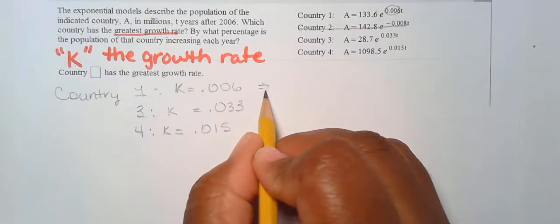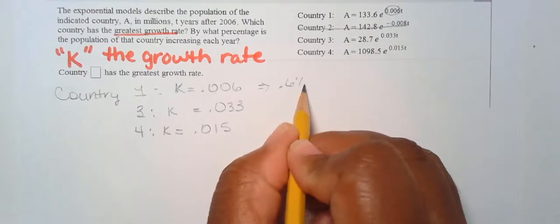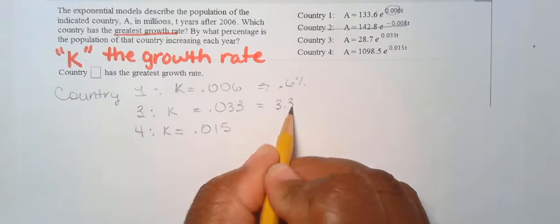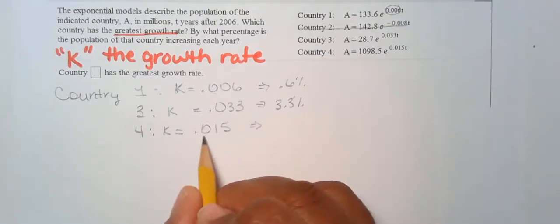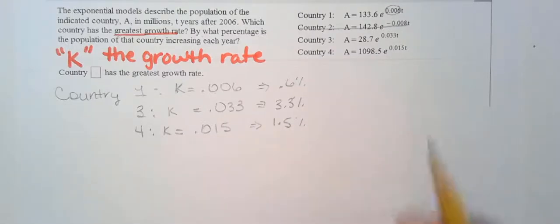So 0.006 becomes 0.6%, 0.033 becomes 3.3%, and then 0.015 becomes 1.5%.